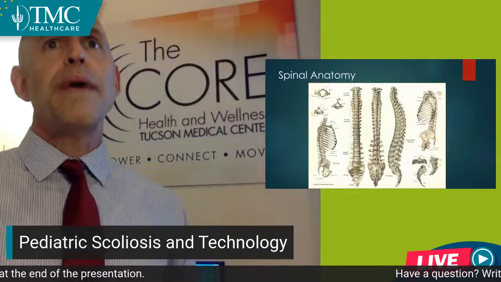So as you can imagine, the spine has a lot of anatomy. There are very complex structures. Right in the middle of this picture, it shows the front, the back, and the side view of the spine. You can see that it's broken down into three different components: the cervical, thoracic, and lumbar vertebrae. Then there's the sacrum as well.